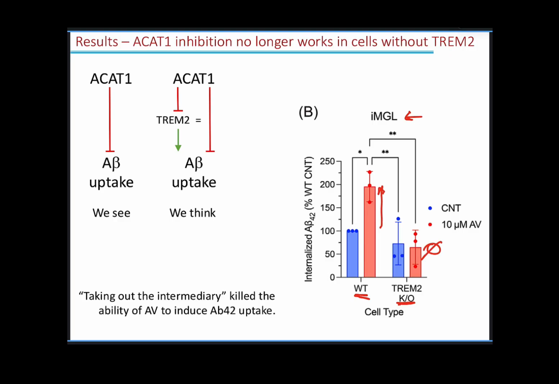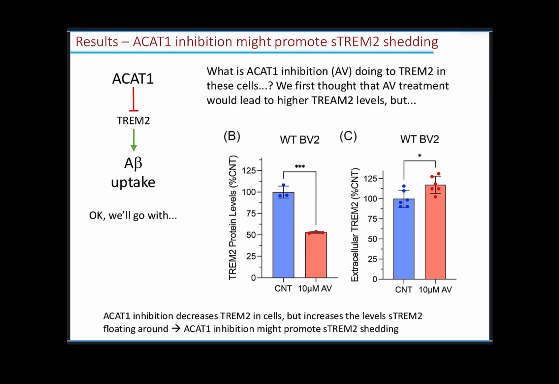So we took out the intermediary and we killed the ability of AV to induce A beta 42 uptake. So what that is supporting is this idea that yes, TREM2 is the intermediary, you take it out and now AV can't do anything to A beta uptake. For now, they'll go with ACAT1 somehow inhibits TREM2, right?